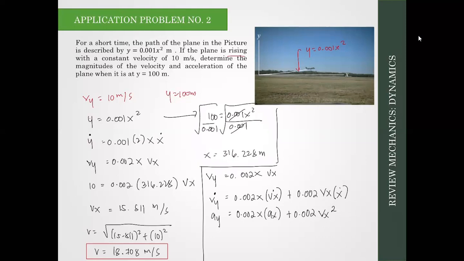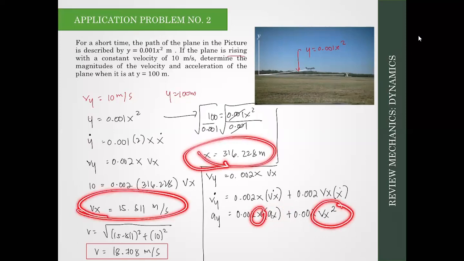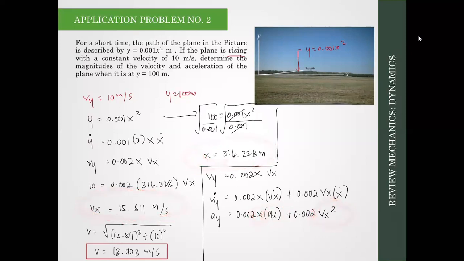Okay. So, si Ax is unknown. Si x is identified natin as 316. Okay? Si Vx, calculated natin siya as 15.811. So, si Ay, okay? Okay. So, dito, si Vy natin kanina is 10.